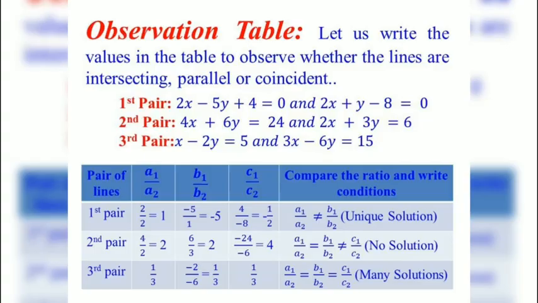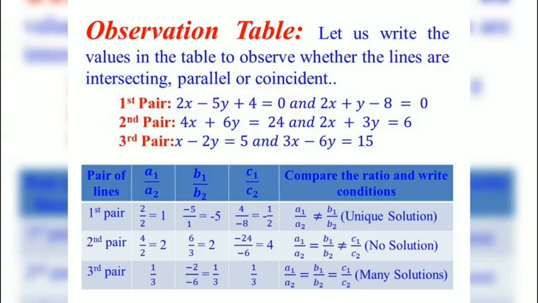Graphically we observed that this pair has a unique solution. For the second pair, a1/a2 = b1/b2 is not equal to c1/c2. So this pair of linear equations has no solution, and we already observed in the graph that the lines are parallel to each other.